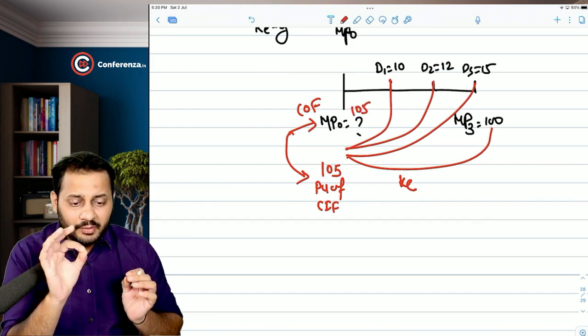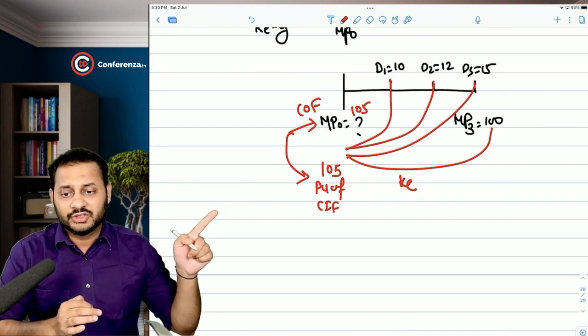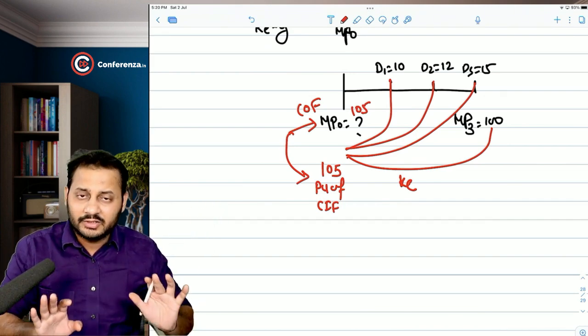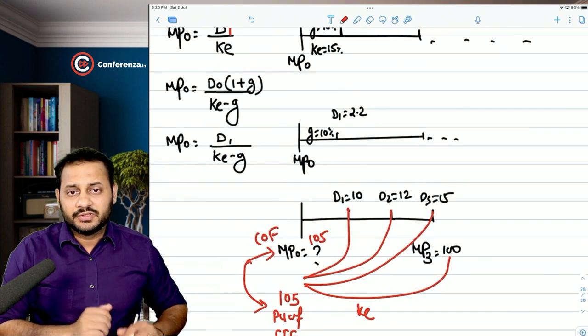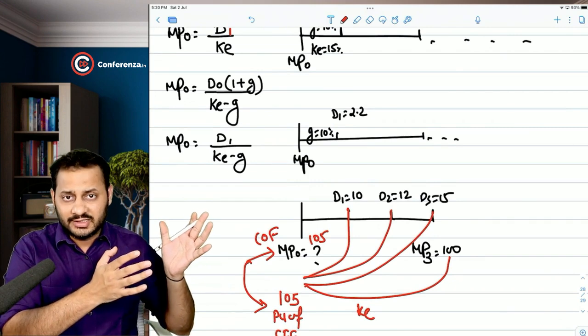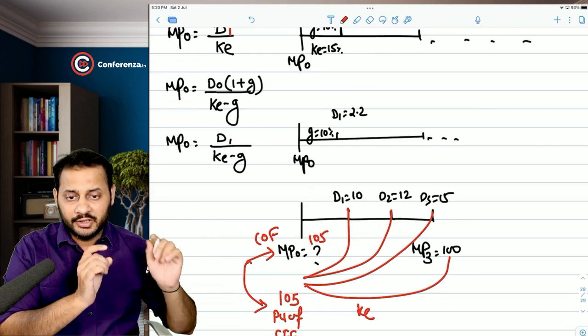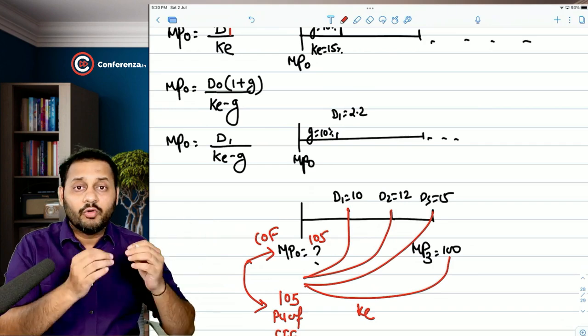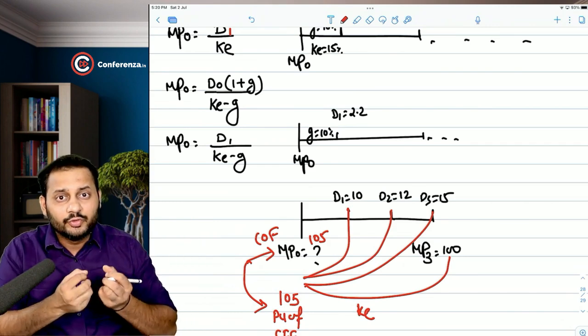You will never pay more than what you are going to receive. If I'm going to receive 105, I will never pay more than that to buy that share. So if a question comes where a limited period has been given and not perpetual, then in order to calculate the market price, you have to calculate the present value of future cash flows.